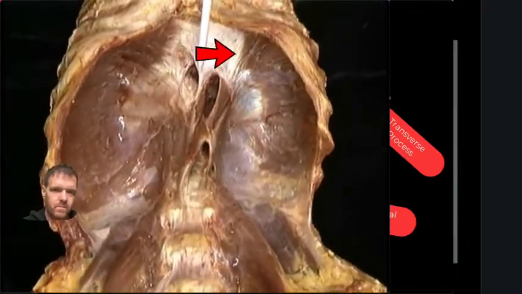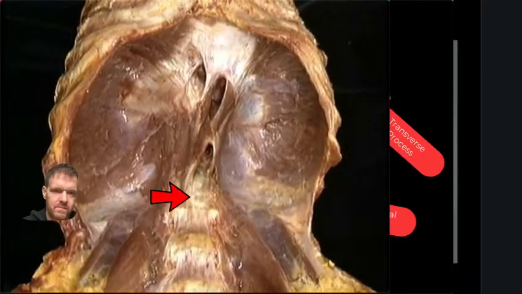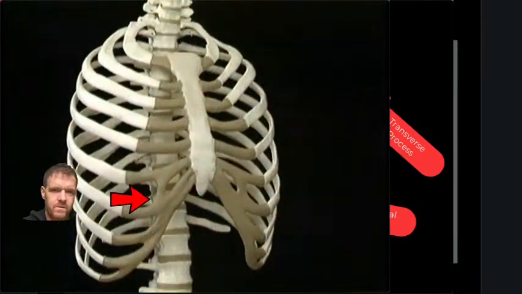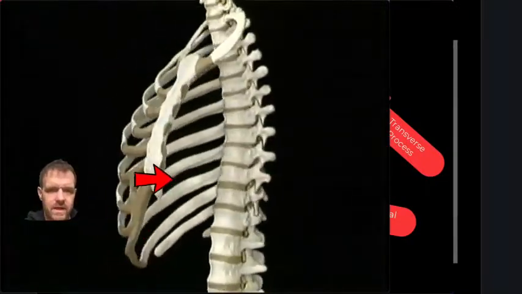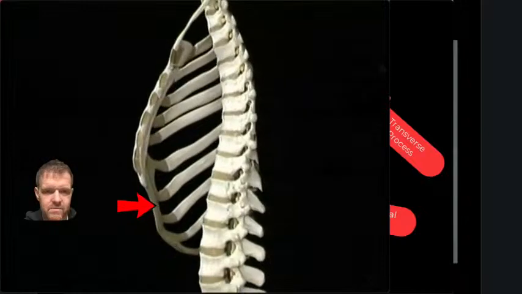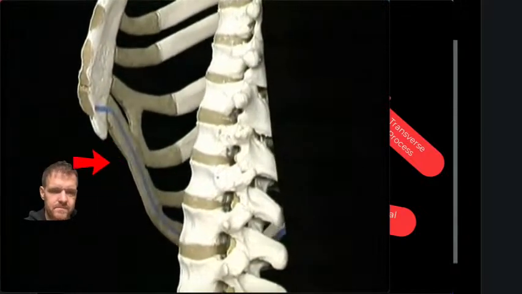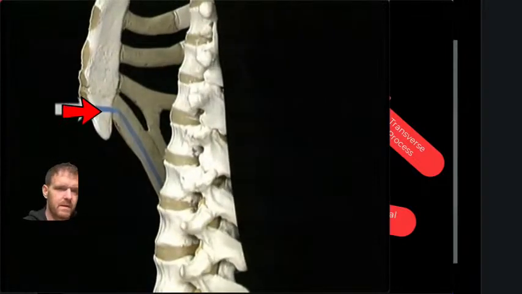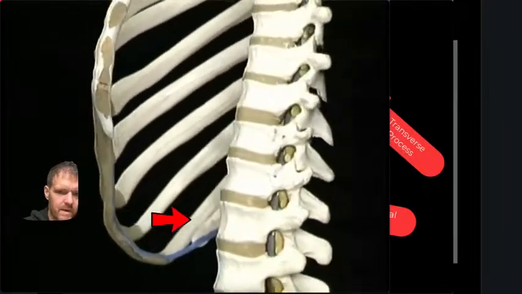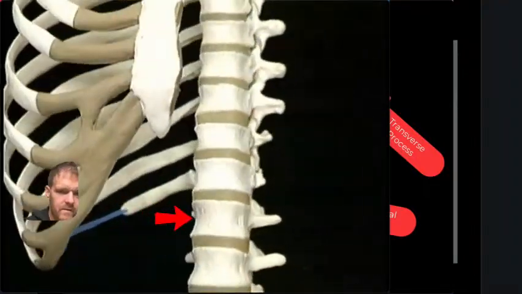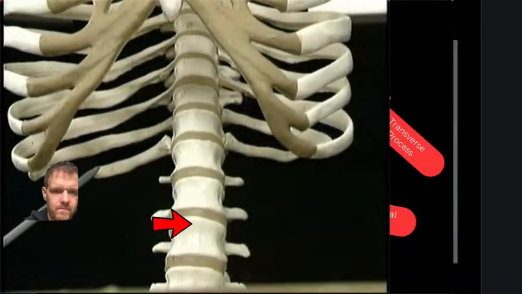But that's what it looks like. You can see the attachments down here as well onto the lumbar spine, so it's quite a broad attachment for the diaphragm. It wraps around. You'll see in a second, they draw a line on the ribs, so it wraps all the way around the ribs, onto the back of the xiphoid process, all the way around the ribs here, and then attaching onto the vertebral bodies at the front.